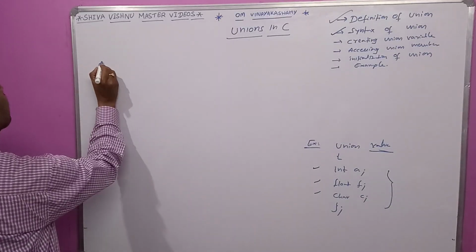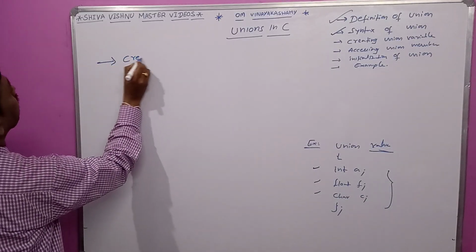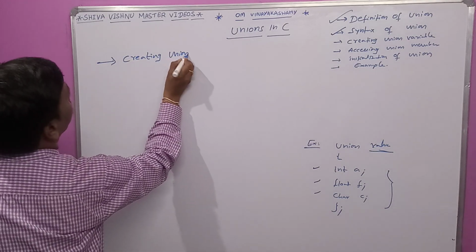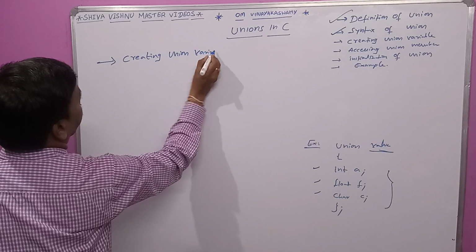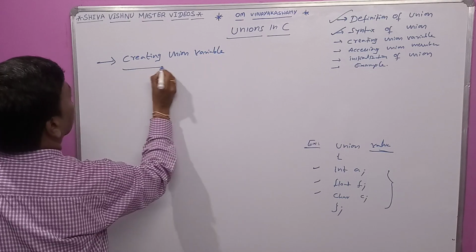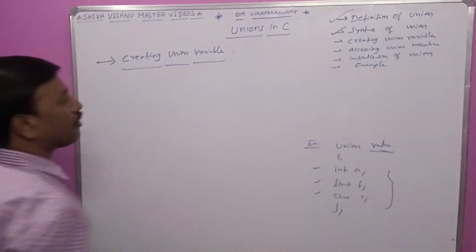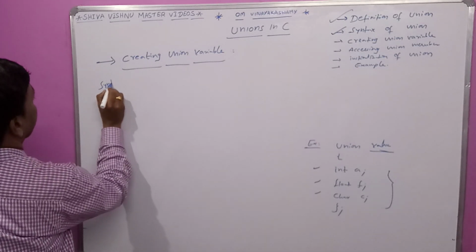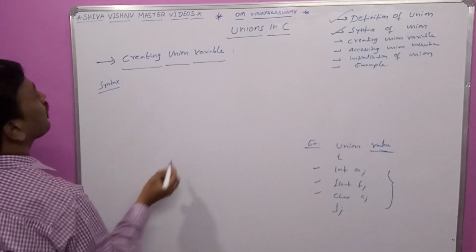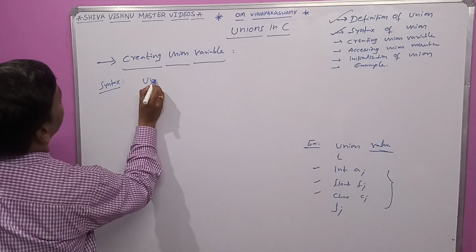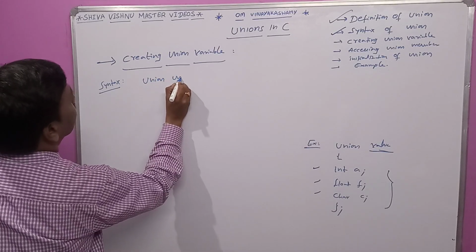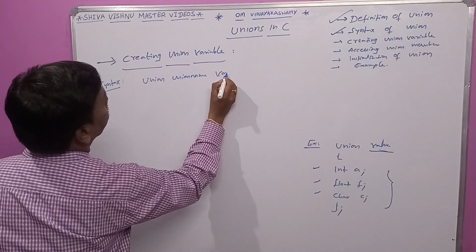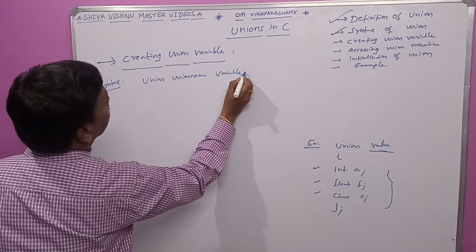Creating union variable. Here you can see the syntax: union name variable semicolon.